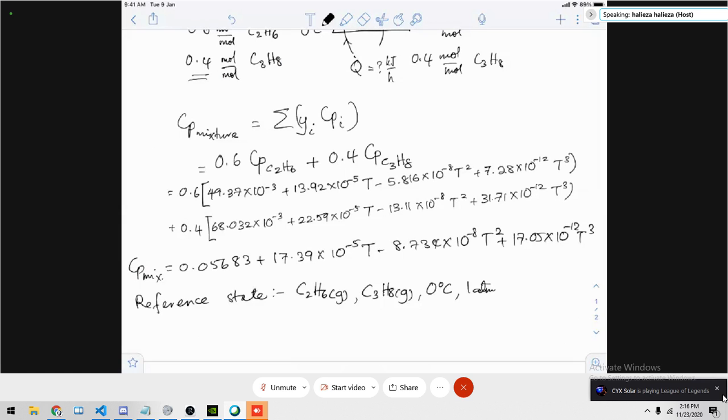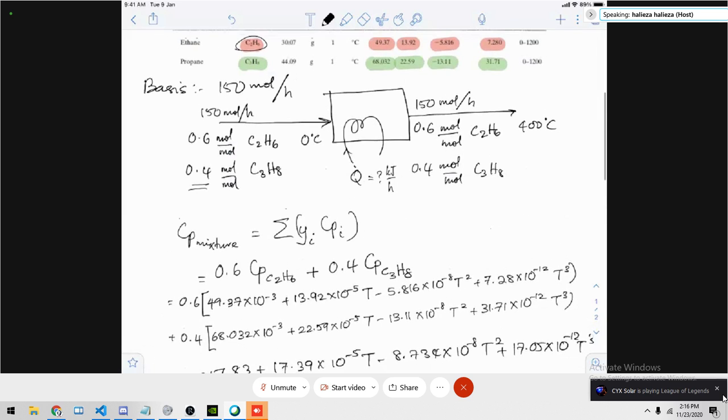So now, once you have got your reference state, since it only involves a change of temperature from 0 degrees C to 400 degrees C, there's no mention at all about any change in pressure. There's no mention about any change of phase. So it's just heating up.